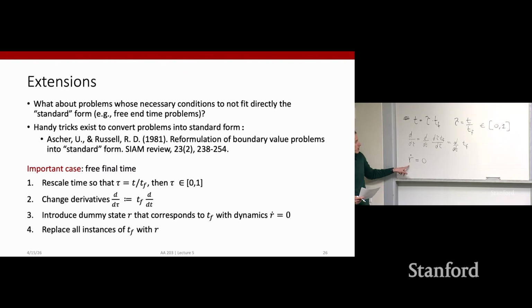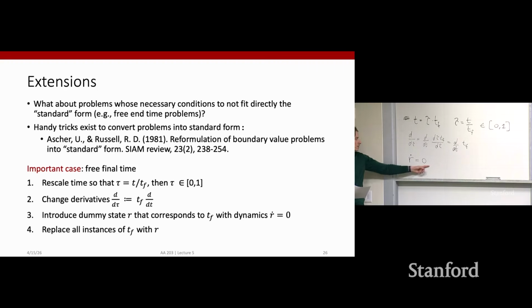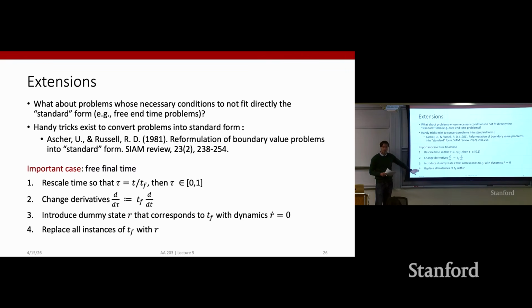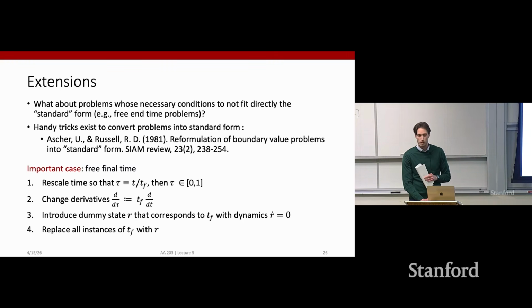But we know that since r replaces tf for us, which is a constant, its dynamics are trivial, which essentially boils down to meaning that r is fixed over time. And so this is basically all that there is with this trick. So we do these modifications and replace all instances of tf with r in our formulation. So any questions about this? But there will be an example where we go into the details of this.